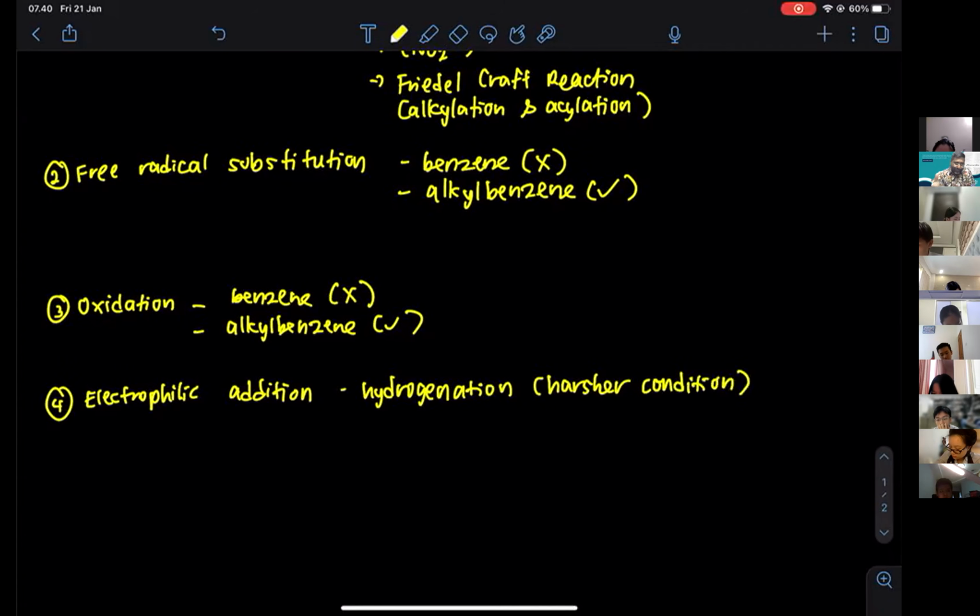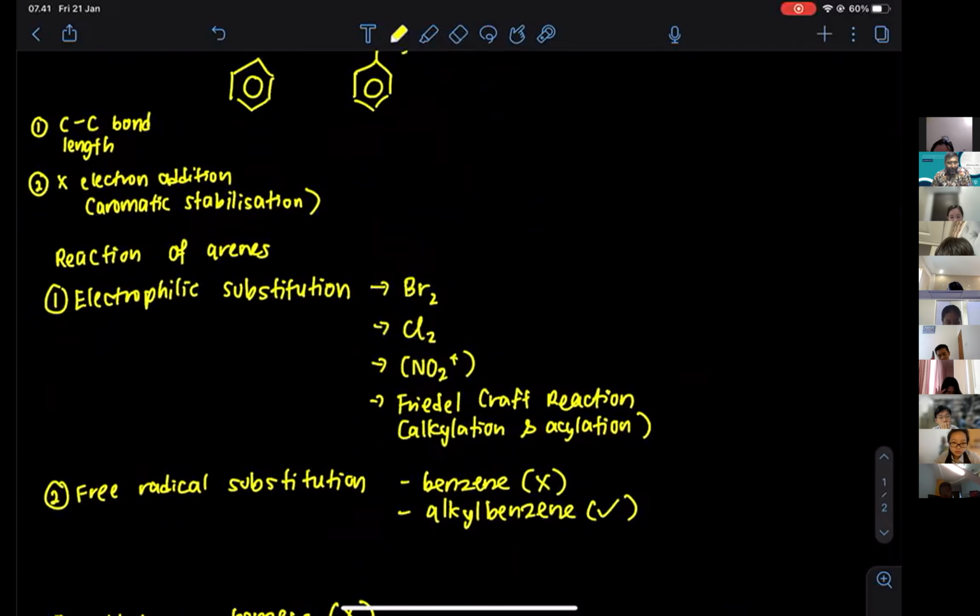Rather than saying it will affect benzene only, it can also affect alkyl benzene. So please take note, the moment they have the benzene ring, they can undergo hydrogenation. Later I will give you some unconventional examples as well, so that you can see clearly, since everything I taught you earlier is straightforward.